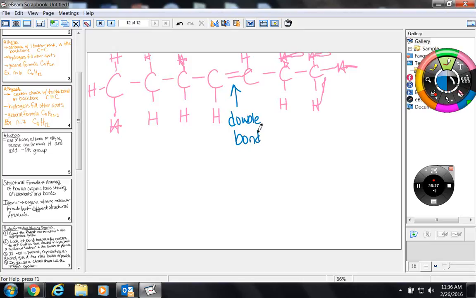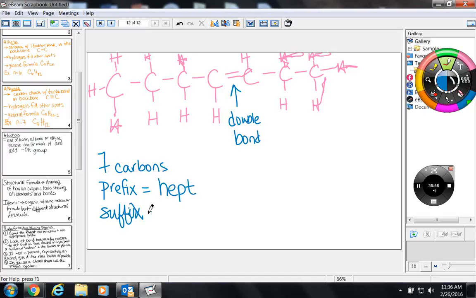I have 7 carbons. Now my rules tell me that I know the prefix is "hept." Are the two last right ones on top H's? Yep. All right. I know my ending is "ene" based on the double bond, because it's a double bond.